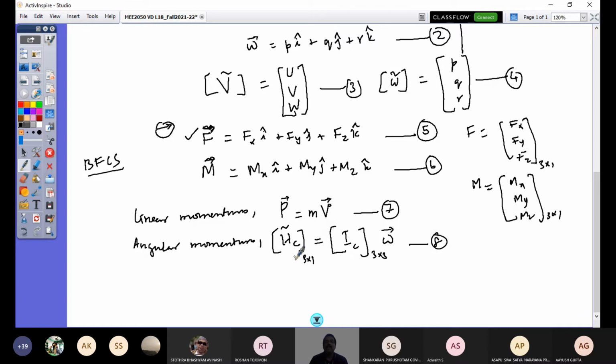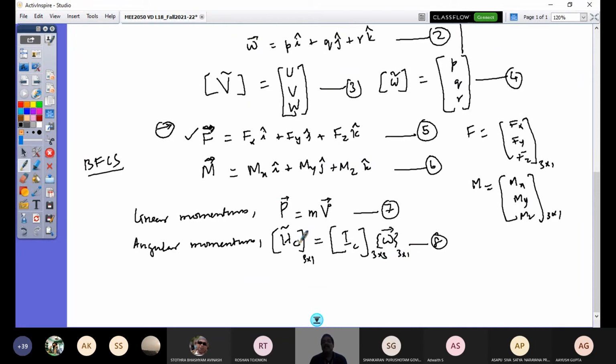So angular momentum is defined as follows. This is a vector, it is going to be 3 by 1. So 3 by 3 multiplied by 3 by 1 will be 3 by 1. So this is the column vector. Angular momentum is a vector and linear momentum is a vector.